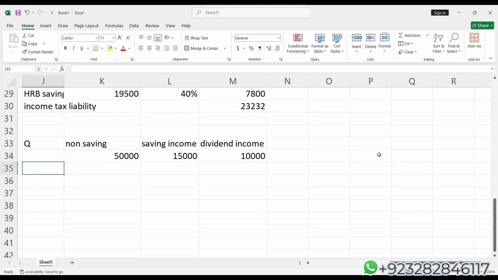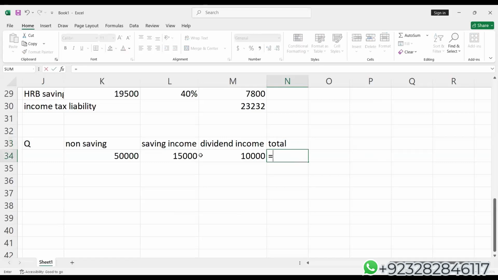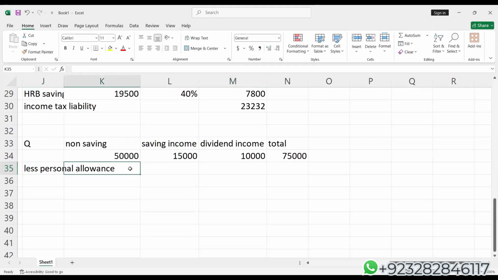So let's see. I'm just adding one more column for the total. Less personal allowance. Personal allowance is 12,570.